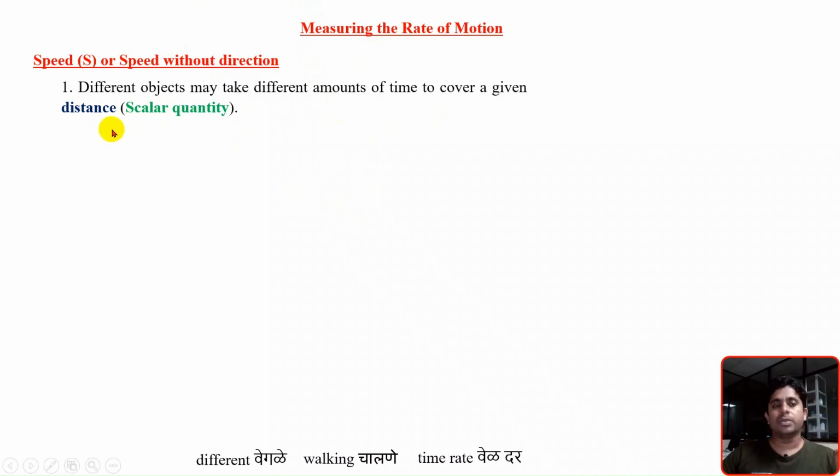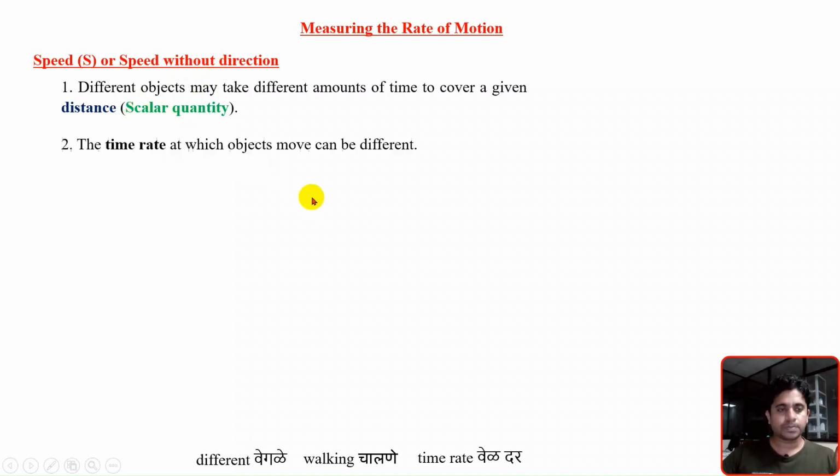In a scalar quantity, we give importance only to magnitude. We are not worried about the direction of that quantity. In terms of speed, we have mentioned it is without direction. We can write just speed, or speed without direction. But remember, speed and distance are scalar quantities where magnitude has importance and direction has no importance.